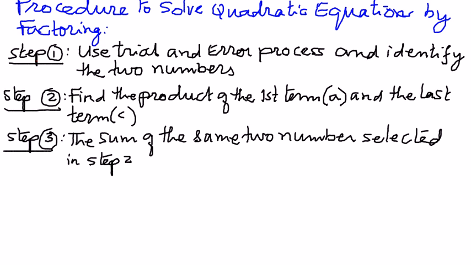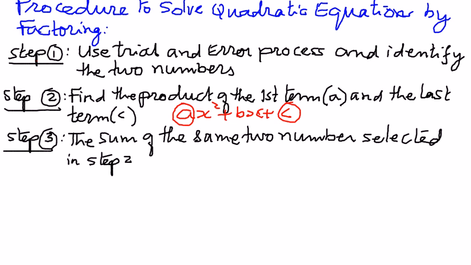And the second step is find the product of the first term a and the last term c. What I mean by that is, in the quadratic equation ax squared plus bx plus c, I'm talking about these two expressions, a and c. Find the product of the first term a and the last term c.